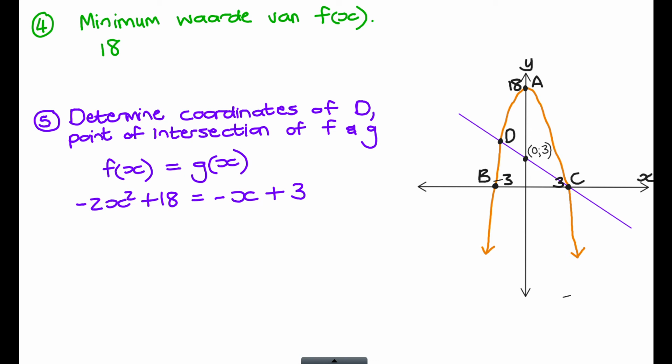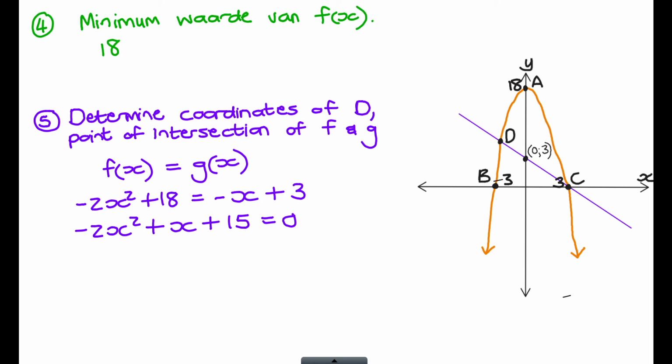Alright, nou, vat ons alles na die linkerkant, so minus 2x squared plus x, and then it should be plus 18 minus 3, wat vir ons 15 gee, equal to 0. Nou, hierdie linkerkant, the left hand side is actually a trinomial, right?